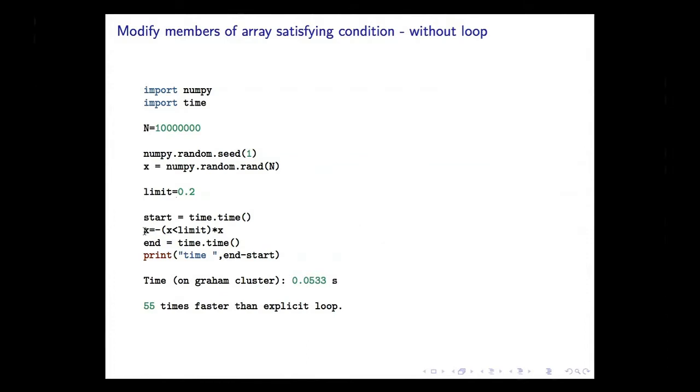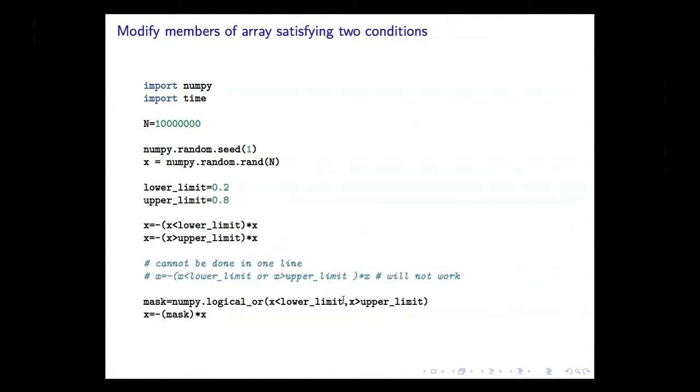So in the end, I have a new array x, which applies this filter to the original x. And there we go, I accomplished my task without using a loop. This took 0.05 seconds, which was 55 times faster than using an explicit loop. So again, same thing, just without using an explicit loop, I get a factor 50 speedup.